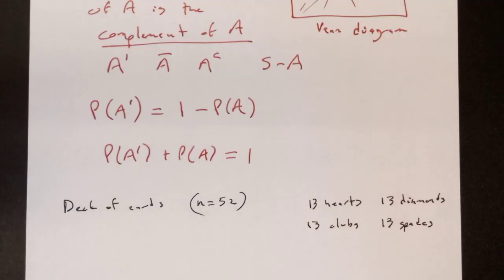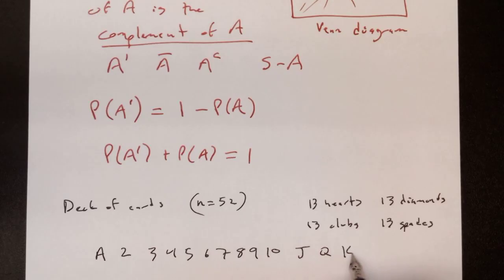Half of them are black cards. Red cards are hearts and diamonds, black cards are clubs and spades. There is one of each value in each suit: aces, 2, 3, 4, 5, 6, 7, 8, 9, 10, jacks, queens, and kings.